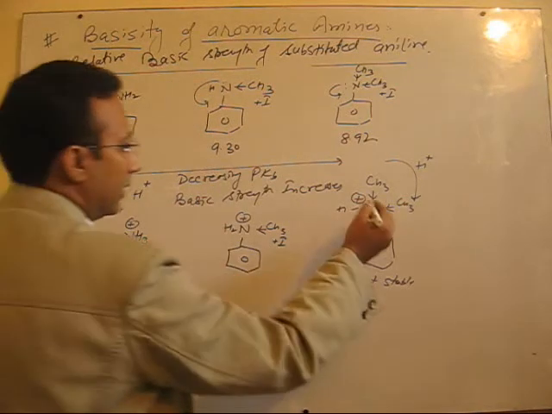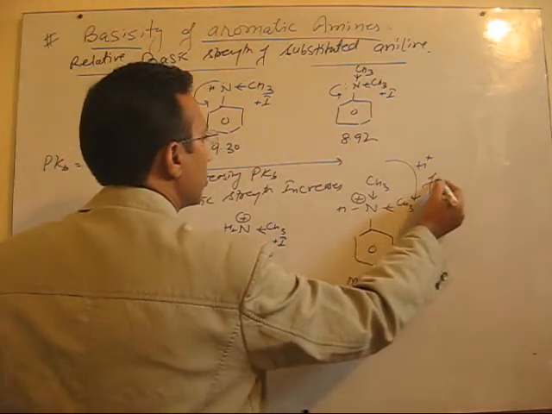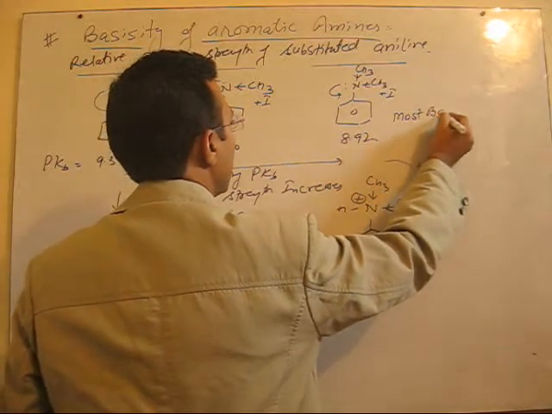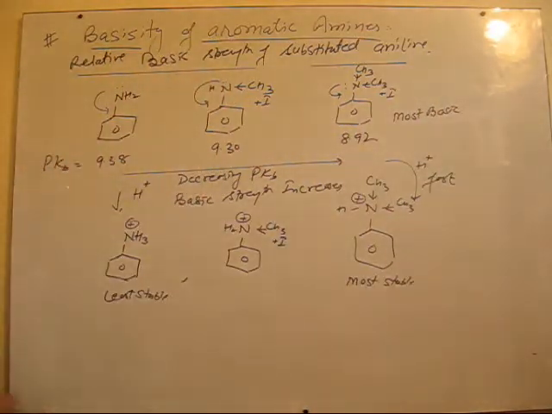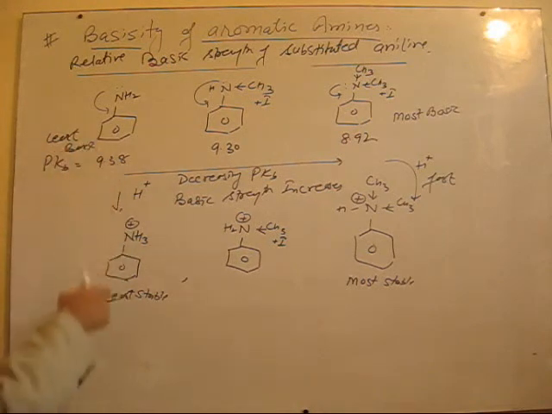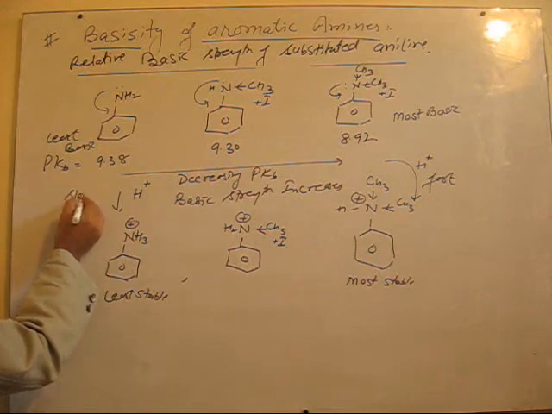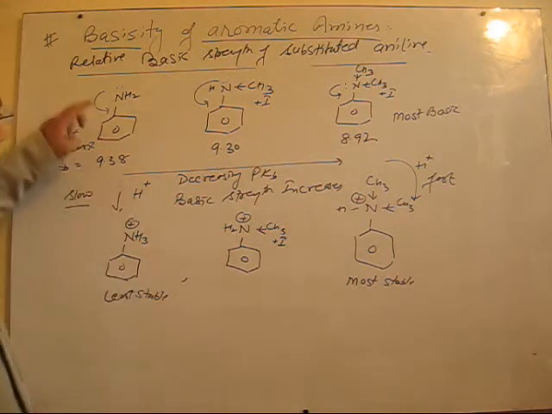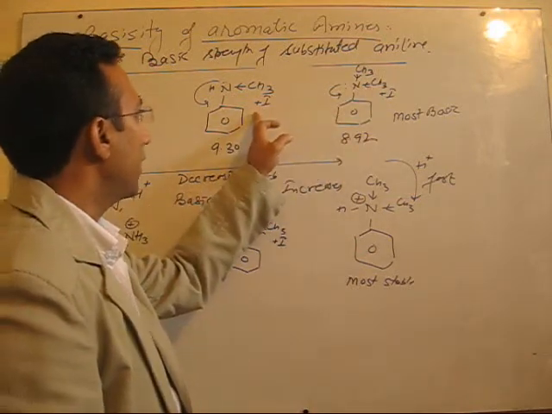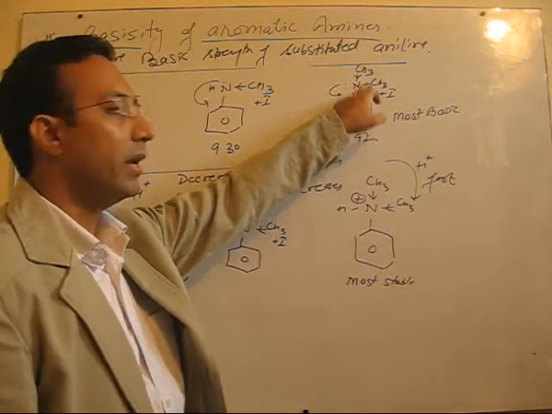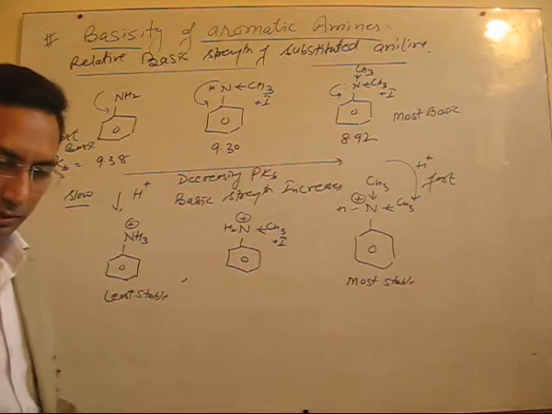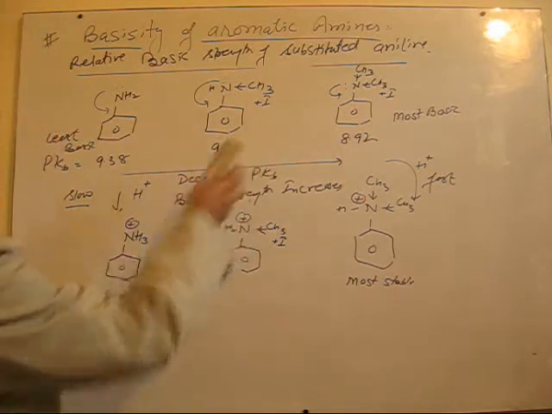So as a result, this is formed much more easily. So this is a fast step showing that this is the most basic among them. Fine. And this is the least basic among them because here it is least stable. So this step will be very slow. Aniline will have a very low tendency to accept a proton as compared to N-methyl aniline and as compared to N,N-dimethyl aniline, right? So this is again a very interesting discussion. This is due to the substituent present at nitrogen.